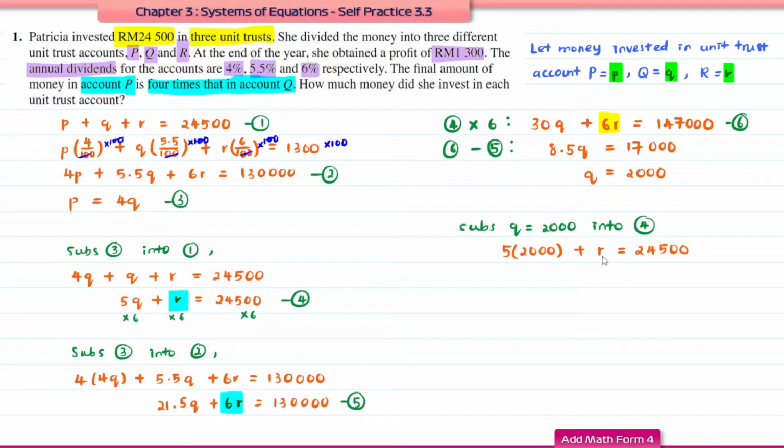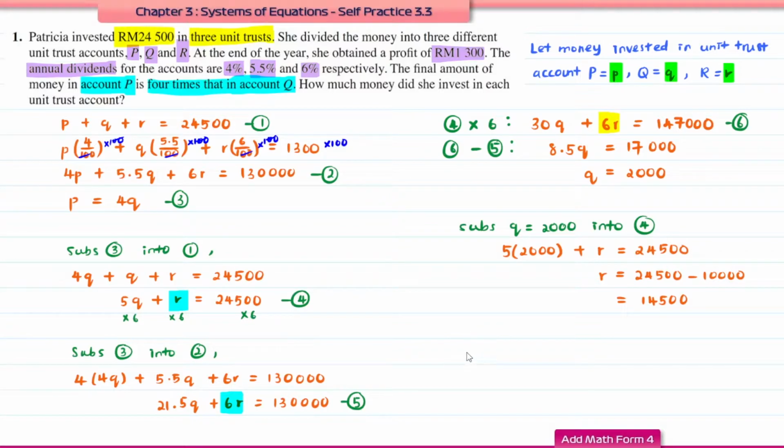Now we can find R. 5 times 2,000 is 10,000, so we move it to the right hand side. 24,500 minus 10,000 is equal to 14,500. So this is the amount of money that Patricia invested in the unit trust account R.